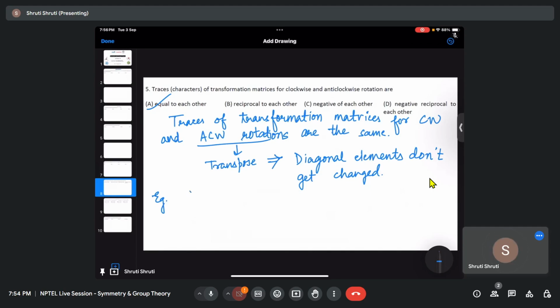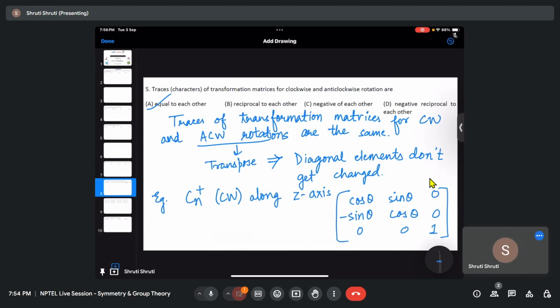For example, for Cn rotation, plus means clockwise along the z-axis, the matrix is cos theta, sin theta, 0; minus sin theta, cos theta, 0; 0, 0, 1. So here the trace is 2 cos theta plus 1.